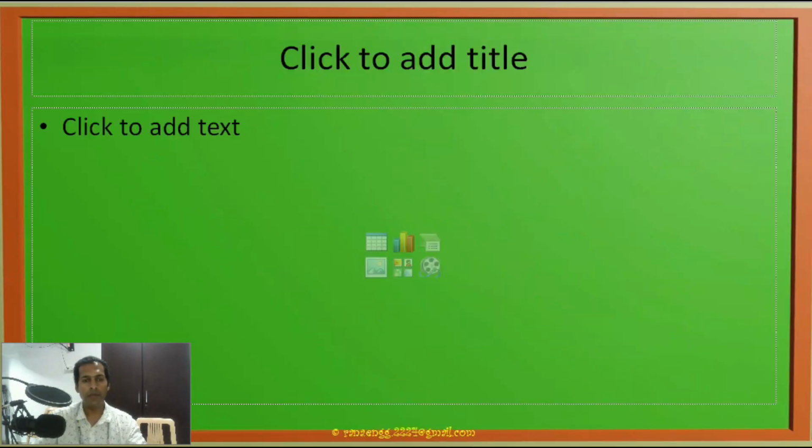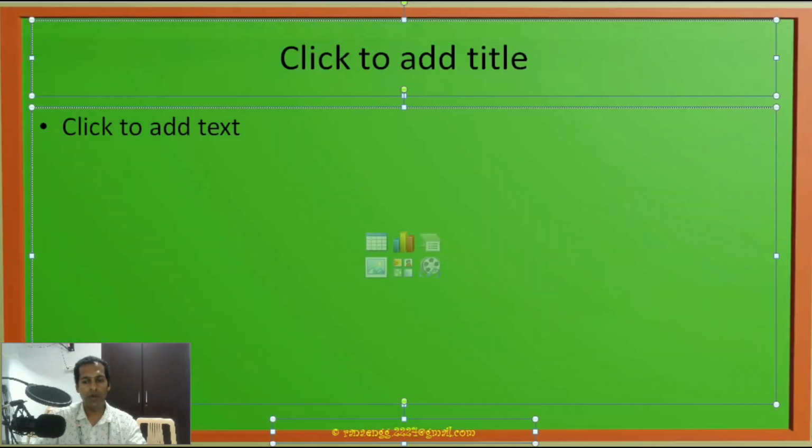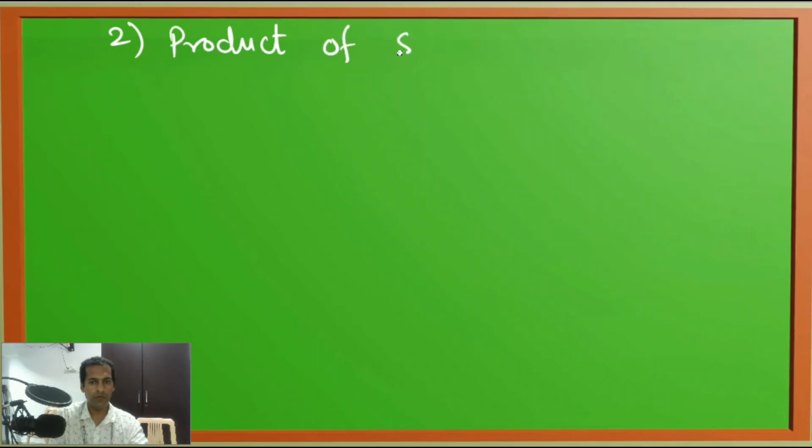Another one we can have the POS form, that is, product of sum form. Second form is product of sums form. This is also called as CNF.